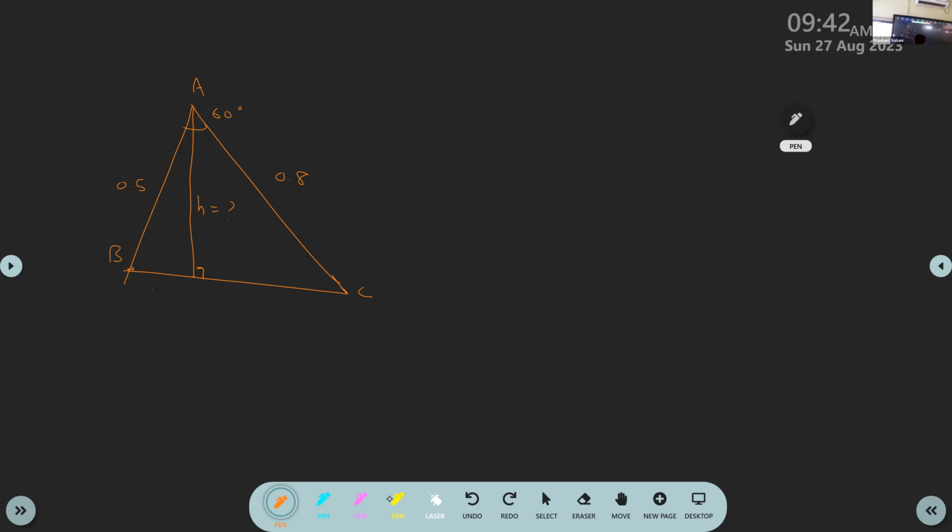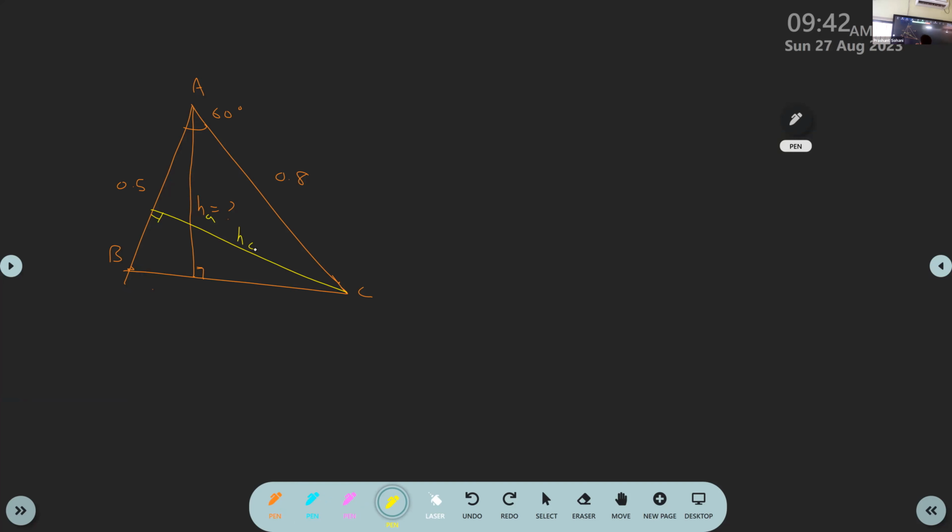Even if you don't want to apply cosine rule, you can just drop another altitude and you'll get a 30, 60, 90 triangle here. If I call the first altitude HA and this one HC, this is a convention we use sometimes: H with a subscript letter to denote which altitude we are talking about. So we can find HC.